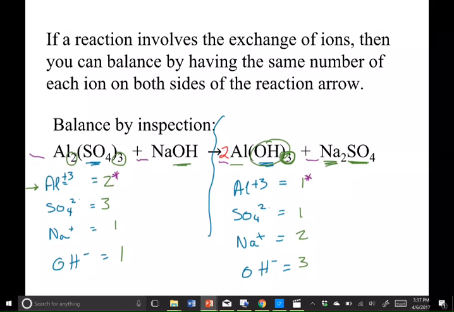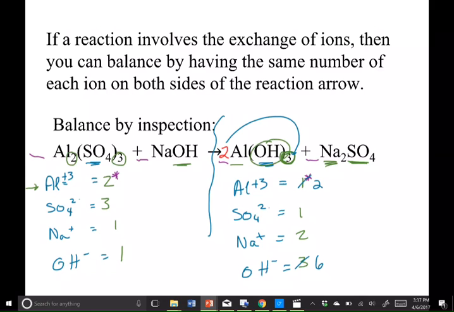See, aluminums, now I have 2. And how many hydroxides do I have? I'm liking 6. Update that to 6. Well, our aluminums fell into place, and our hydroxides are way off now.